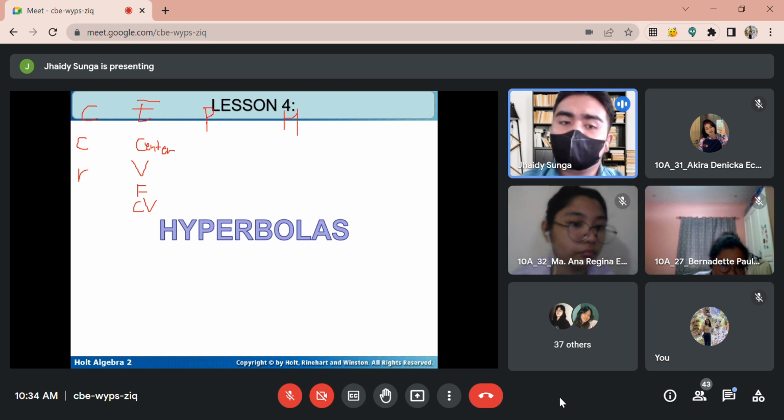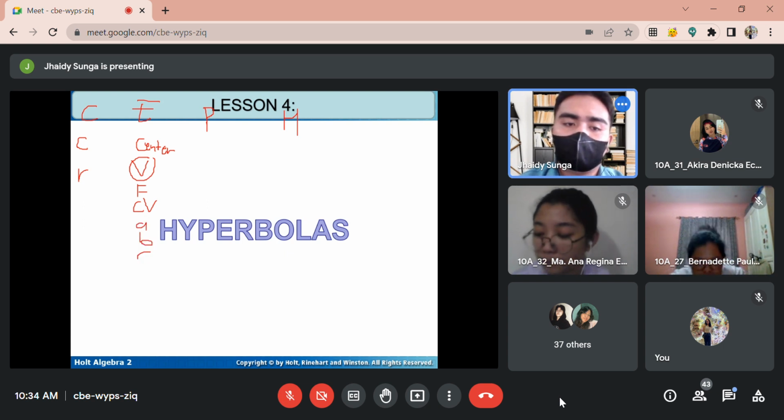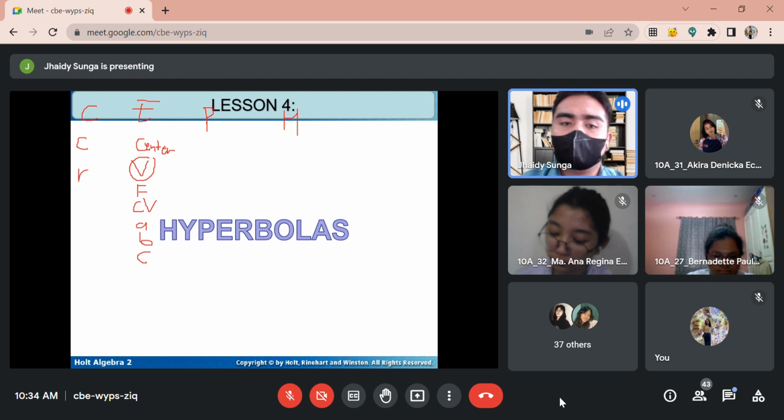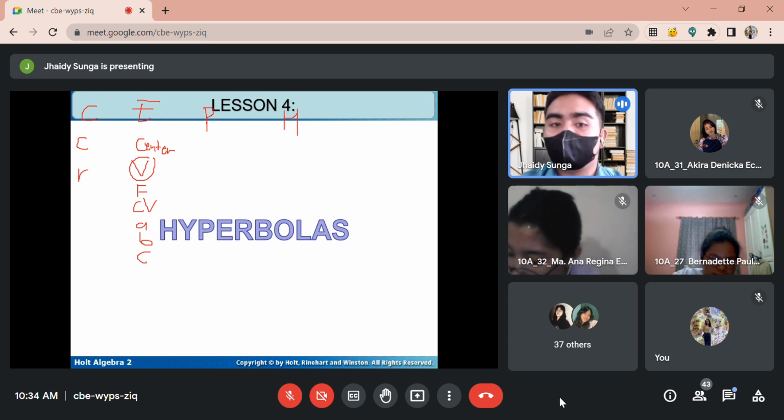And obviously this one only. But in order for you to find the vertices, you need A squared, B squared, or A, B, and C, correct? All right. So what is the formula in order for you to find the value of C? The formula is C squared is equal to A squared minus B squared, correct?